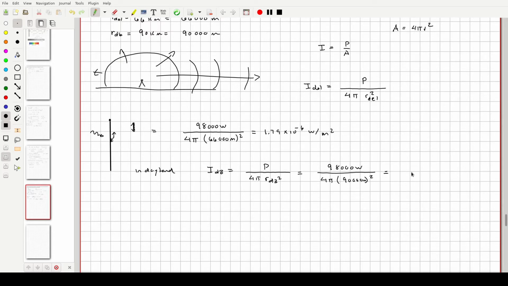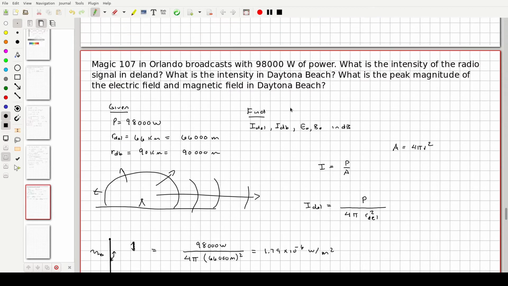So when I do this, I get 9.63 times 10 to the minus 7th watts per square meter. So that's the intensity at Daytona Beach and the intensity in DeLand.